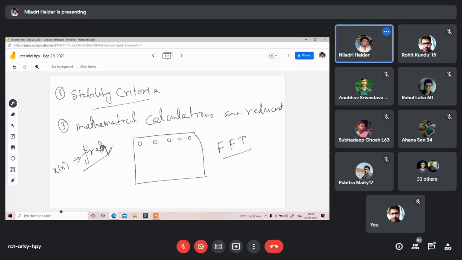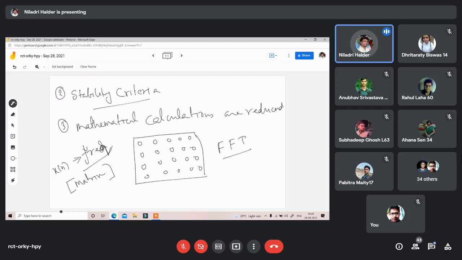Obviously, in your computer or digital system, whatever you do, you will get the values in a matrix format. So whenever you get your value xn in the frequency domain, you get some values related to frequencies. And suppose this is a matrix.